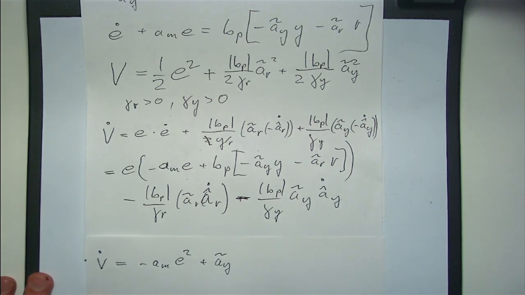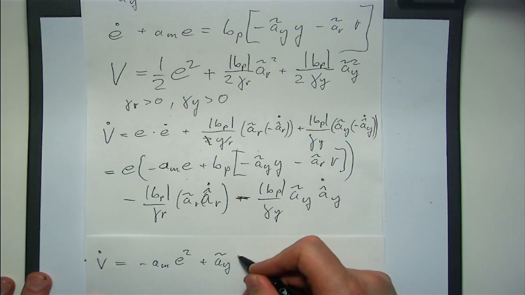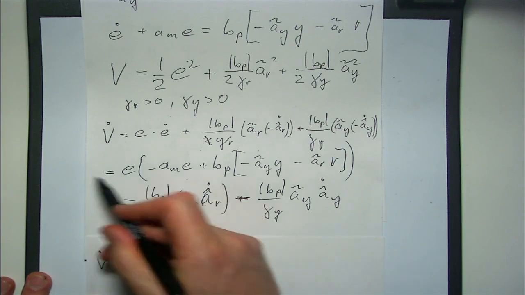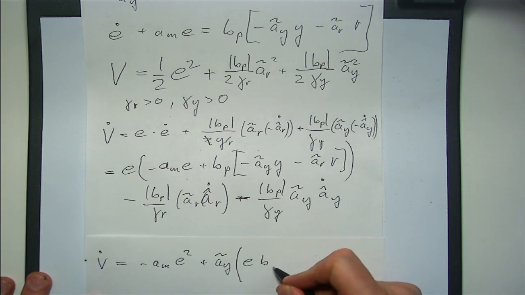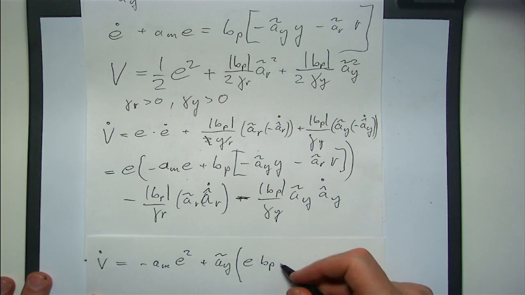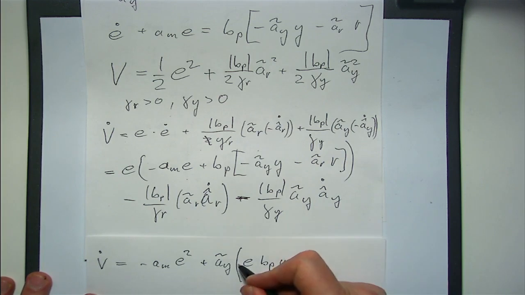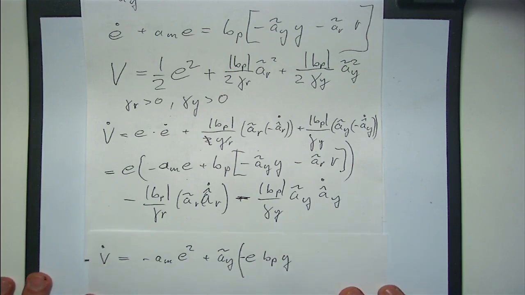Let's go very slowly now. Let's have here a y tilde. So we have here e, b p, and y. But then we still have a minus there, so we have to be a bit careful not to mess things up here. Good, brilliant.